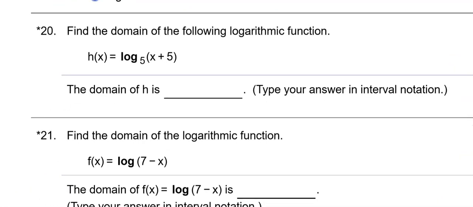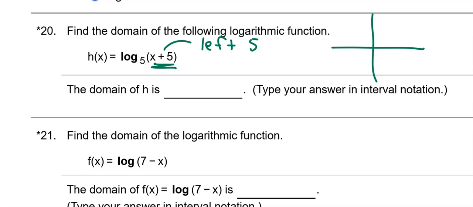All right, now find the domain of the following logarithm function. Okay, so which way has this one been moved? Hopefully you say, oh, that's inside, so that's got to be either left or right, and because it's opposite of our common sense, you said left 5. So imagine I took this regular old logarithm function and I went 1, 2, 3, 4, 5. And so my vertical asymptote is now over here at -5.